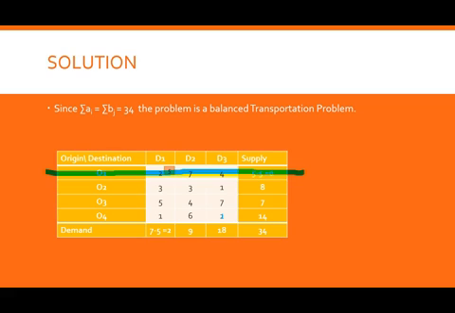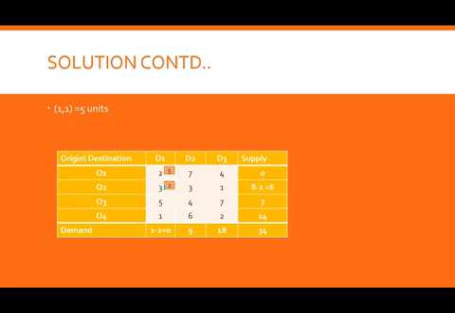In this, which is the top left corner? 3. So my next assignment will be made at 3. Fine. I make an assignment at this position. So this row is already deleted because it has become 0. Now look at the supply. Supply is 8.